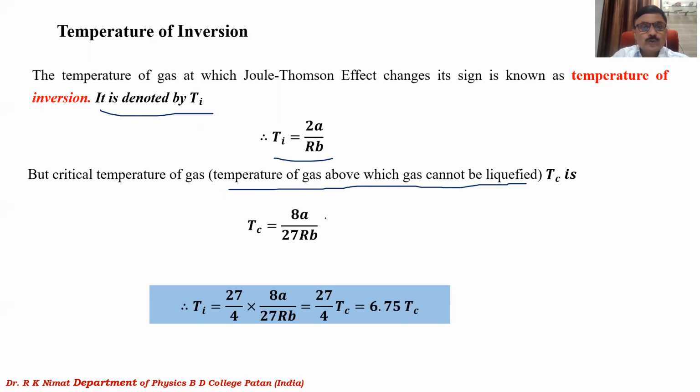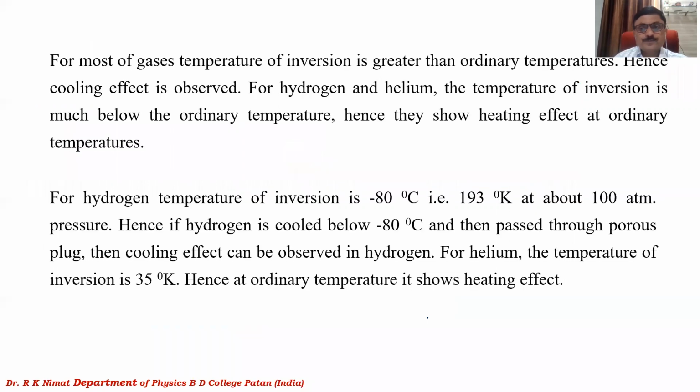So if you try to write the equation for temperature of inversion in terms of critical temperature, we can write Ti is equal to 27 by 4 into 8a divided by 27Rb, so that you will get this as 27 by 4 into Tc, because 8a divided by 27Rb is nothing but critical temperature. So this value comes 6.75. So you can write inversion temperature is equal to 6.75 times the critical temperature.